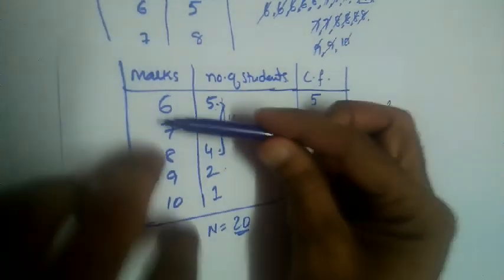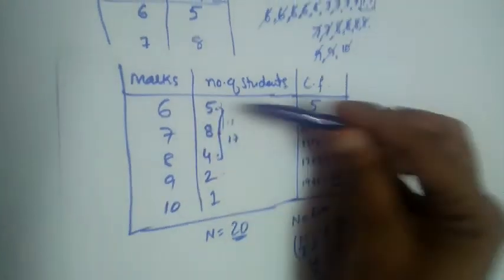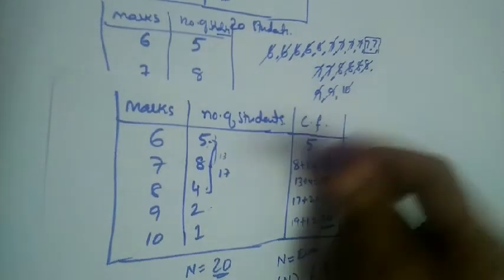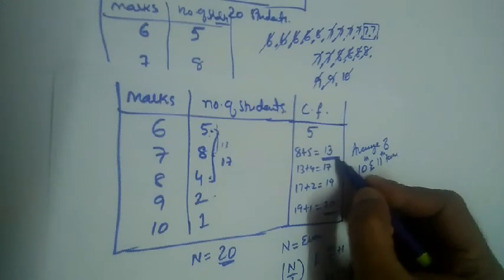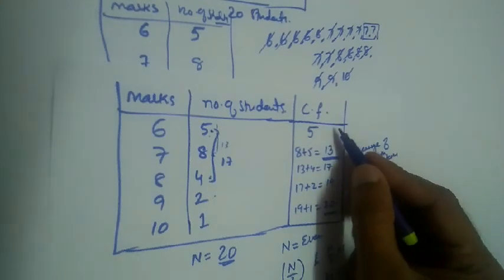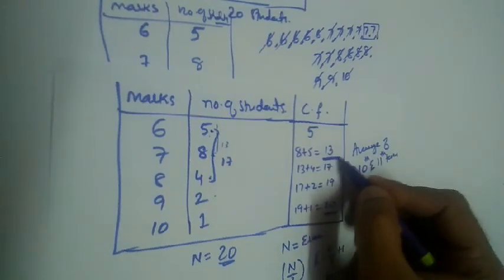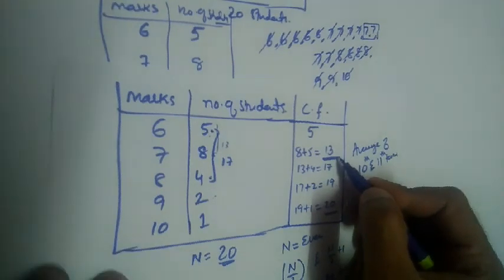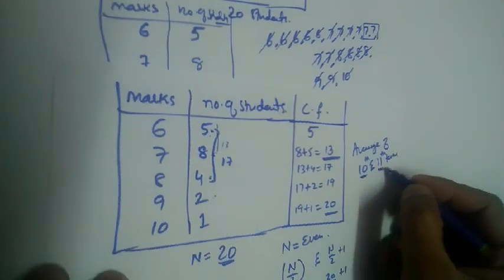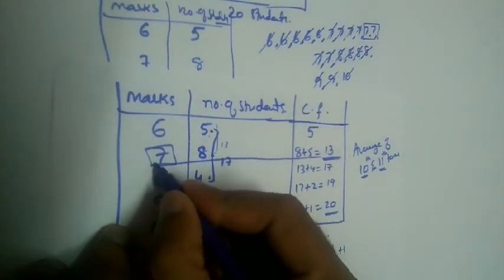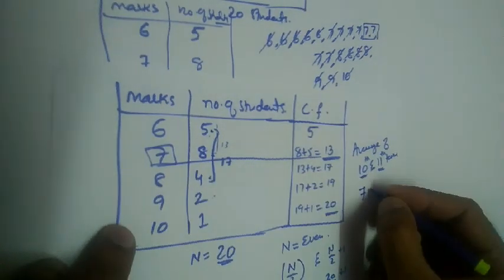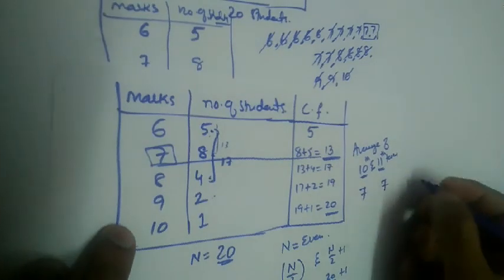See here, it's like we are arranging 6 five times and 7 eight times, right? So up to here there are 13 numbers arranged. So which one will be the 10th term and 11th term? It will be 7 only, right? So the 10th term will be 7 and the 11th term will also be 7.